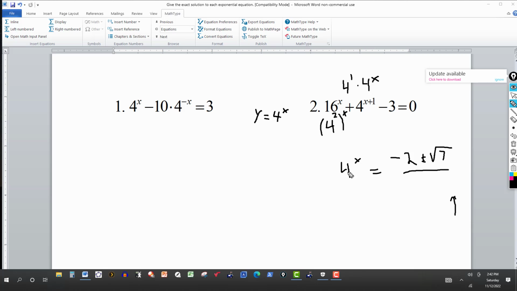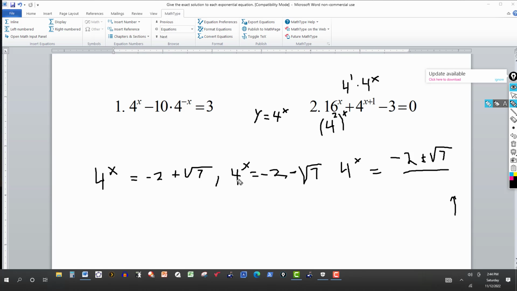But in this case, we have to say this then. We'll set it up this way. 4 to the x can equal minus 2 plus the square root of 7, or 4 to the x can equal minus 2 minus the square root of 7.